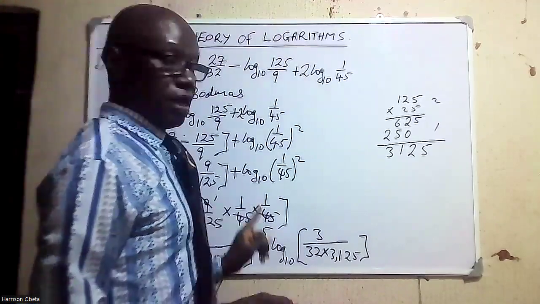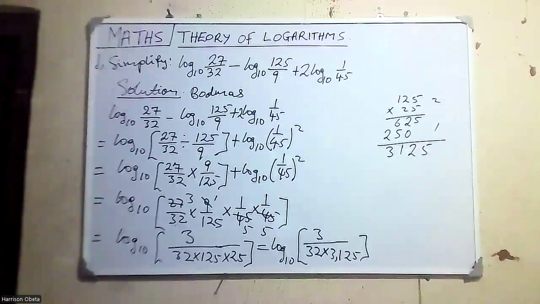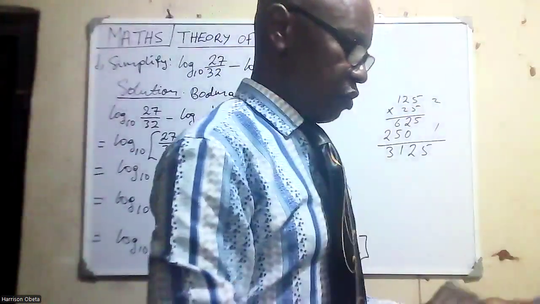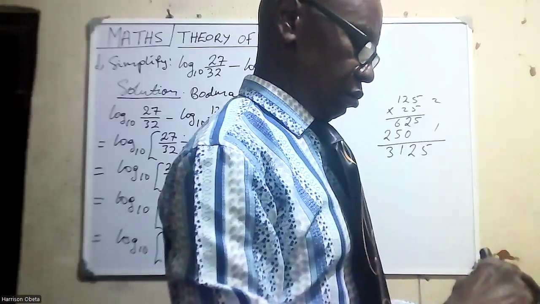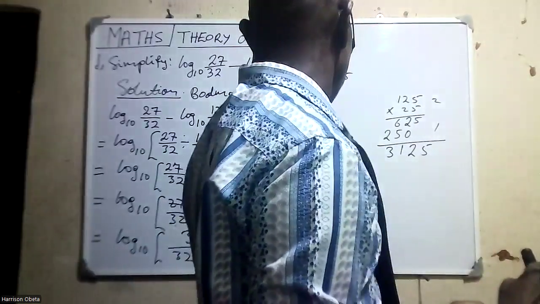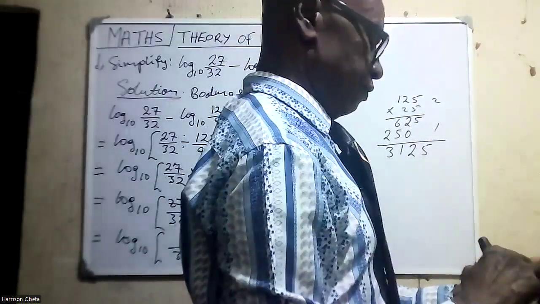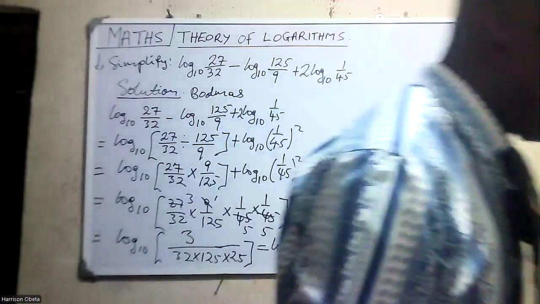And if we use our calculator to check, I use the calculator to check, and that will give us 32 by 3125, that's 100,000.